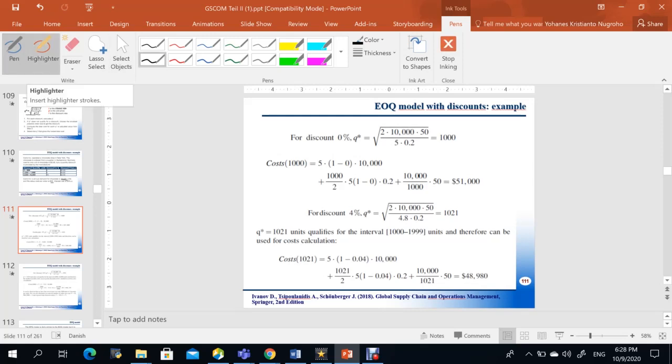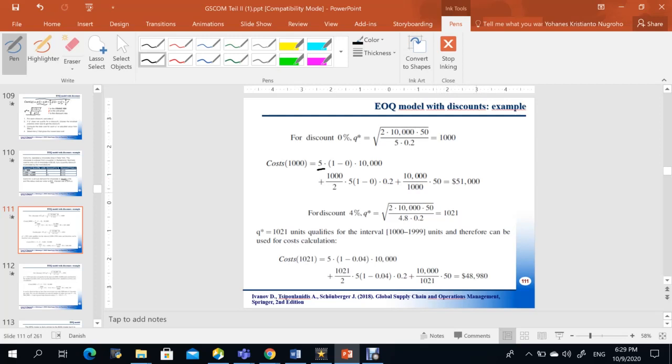So it comes from the price times 1 minus R, no discount, times the annual demand, plus Q star divided by 2 times price times 1 minus R, which is 0, times the interest rate 20%, plus this order cost. How many orders? 10,000 divided by 1,000 equals 10, times 50. 50 is the order cost, equal to $51,000.